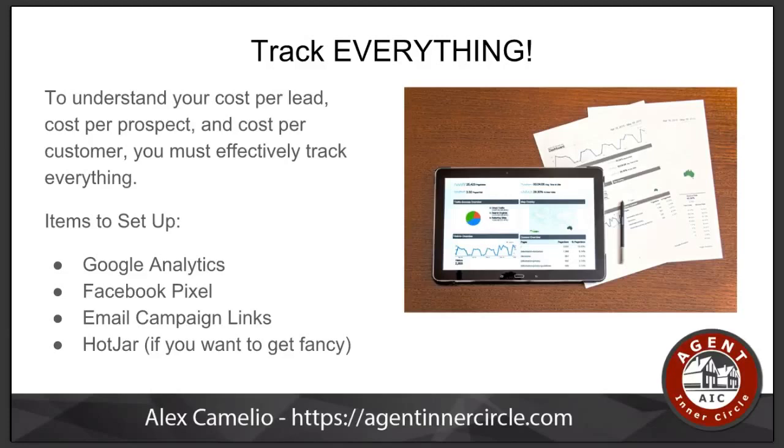The last one, and the one I would also set up, is something called Hotjar. Hotjar, I say, is if you want to get fancy with it. It's a little bit expensive in terms of tracking a website, so keep that in mind. I believe it's $79 or $80 a month, something like that, for the base business package to track a site. But it allows you to do things that a lot of the other tracking platforms don't.